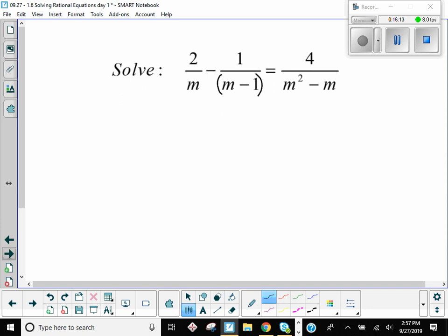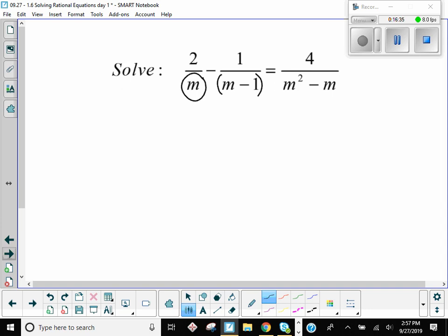You could check for a GCF, but they don't have a GCF. So that one cannot be factored. But I have students a lot of times want to try and say, oh, it's m times negative 1. They just sort of break it up. But that's not what it is, because those are different things. So this cannot be factored. This cannot be factored. But this can.